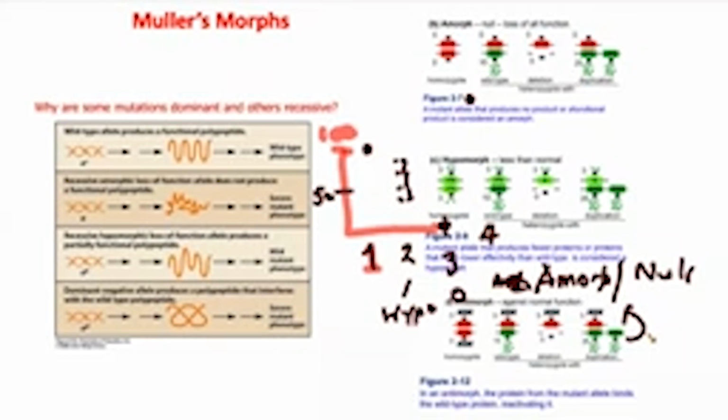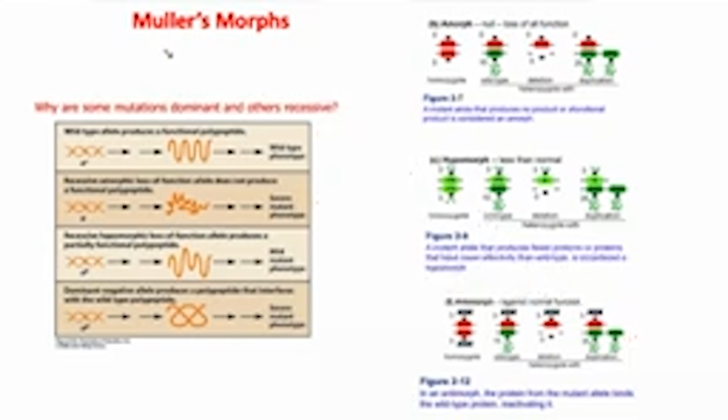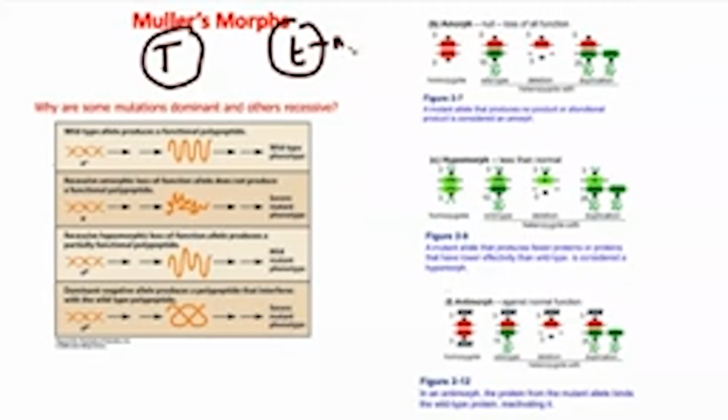In case of capital T and small t, can we consider small t as an amorph? So this is a Mendelian term, right? If you have gametes like this, capital T and small t, the small t we say is a null, then it is an amorphic allele, but it's not an amorphic gene because in the plant, it will be T and T, right?